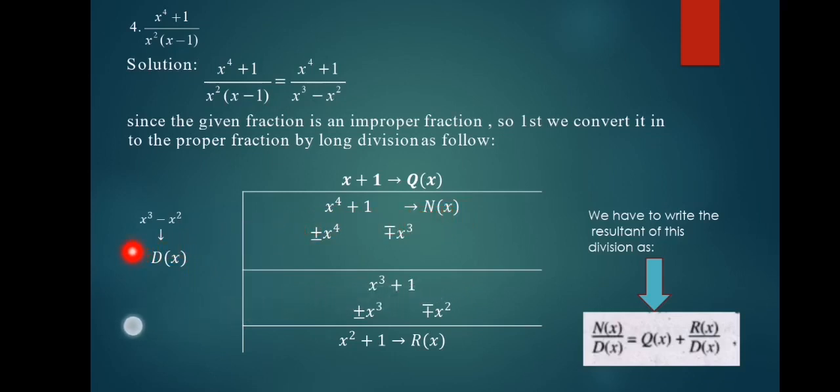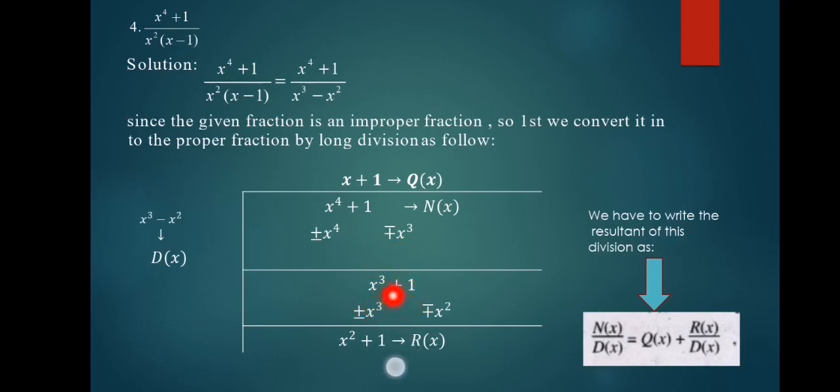We multiply x to x^3 to get x^4, and we also multiply this x to x^2 and get x^3. While changing the signs, x^4 cancels out with x^4. We bring down the 1, so it will be x^3 + 1.